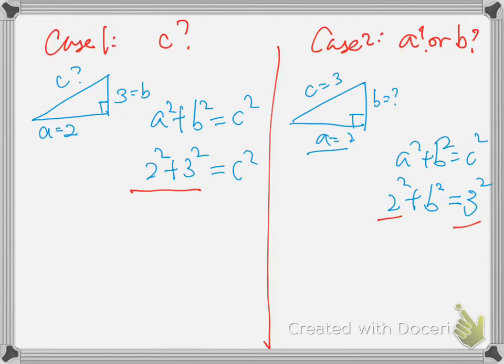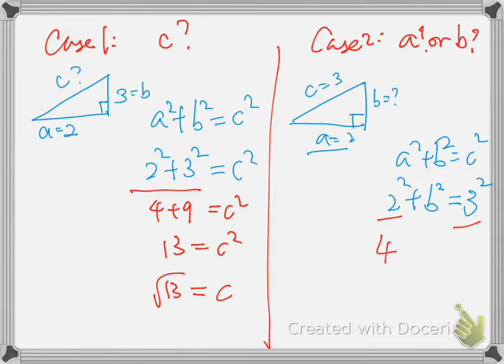For case 1, we just add them: 4 plus 9 is C squared, so 13 is C squared. Take the square root, C is radical 13. Case 2 is a little bit harder because 4 and 9 are on different sides.